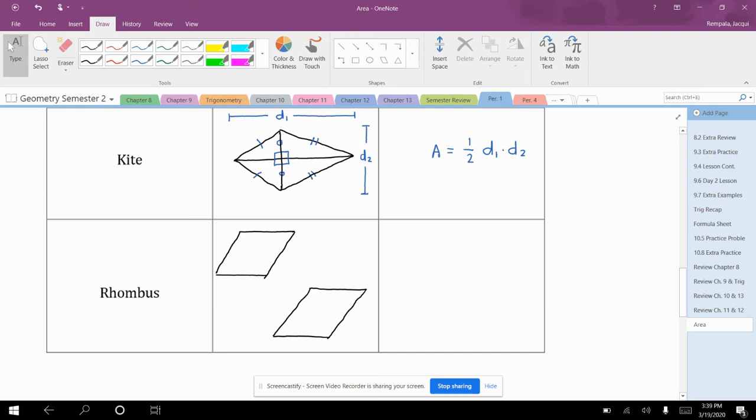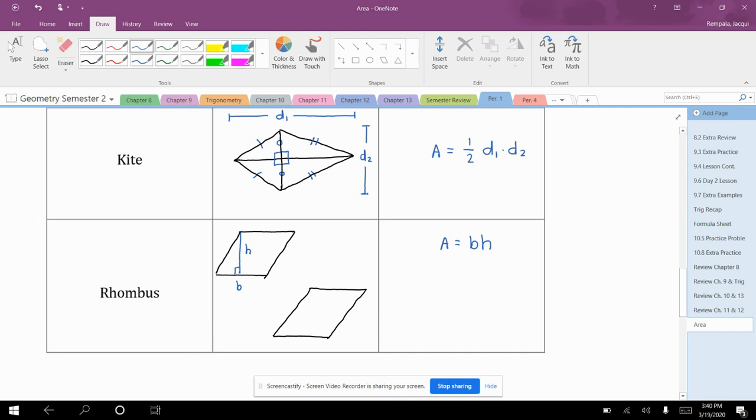Because it's similar to a parallelogram, if I am given the height of the rhombus, remember a height goes from one vertex perpendicular down to the side, so that would be h. The base then would be the side that is dealing with that right angle. We can find the area of our rhombus by just taking the base times the height.